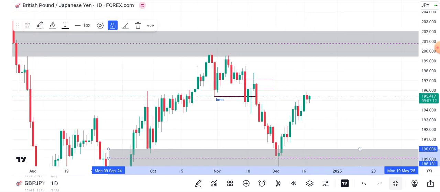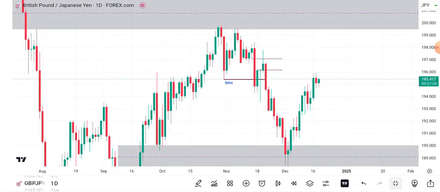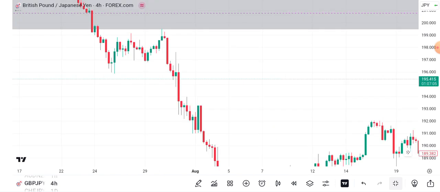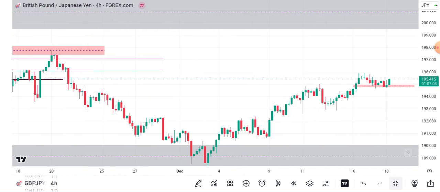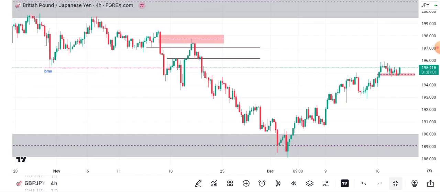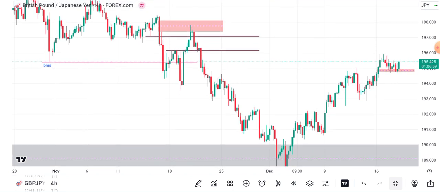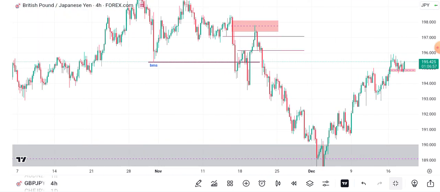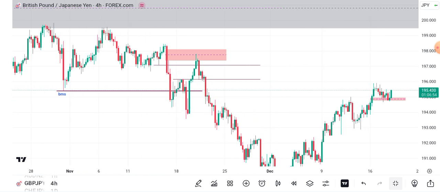These are all ICT concepts. So going down to the lower time frame, 4 hours, we want to check other things that could help us take the trade on a lower time frame with reduced risk.